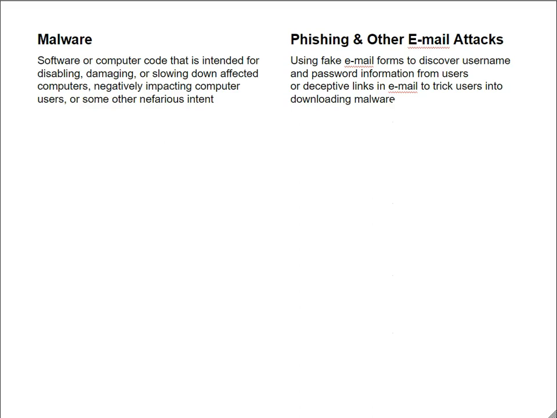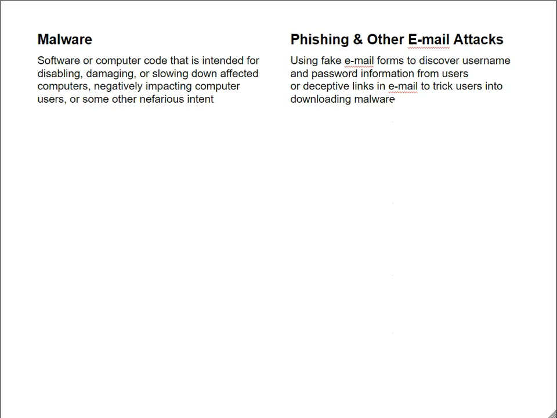Okay, so this is the framework of everything we're going to be talking about today. We'll be talking about malicious programs and how they could be delivered to you, especially through email. You always have to be on your guard when looking through your email account, even when browsing the internet, to make sure that you're not coming into contact with malware that can negatively impact your computer. We're going to talk about a few different types of malware now.